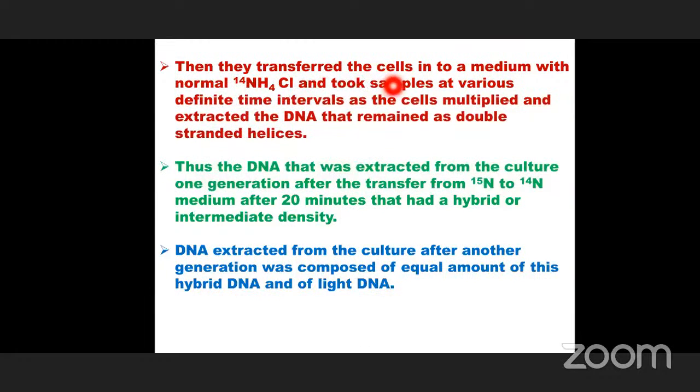Then they transferred the cells into a medium with normal NH4Cl and took samples at various defined time intervals as the cells multiplied, and extracted the DNA that remained as a double-stranded helix.